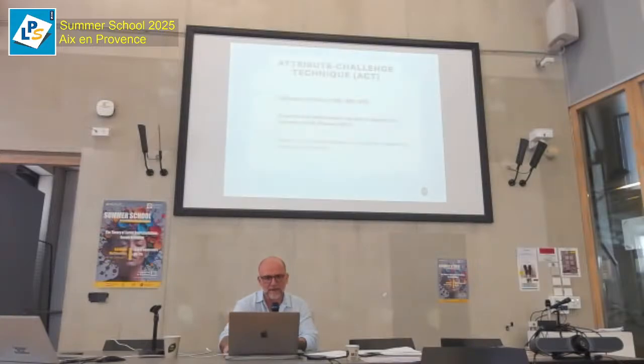It was developed by Moliner, and the ACT, the attribute challenge technique, was the first method to provide a systematic diagnosis of social representation structure. It is based on the symbolic property of the core elements, the assignment of meaning to the object of representation as a whole.